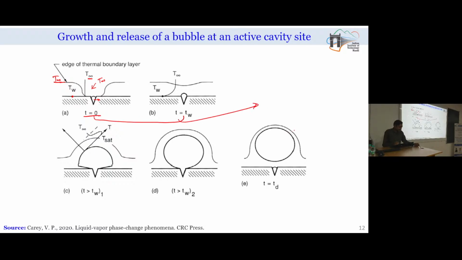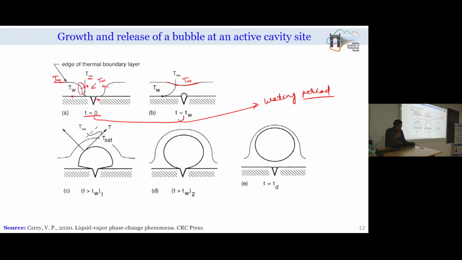The period from the initial growth of the vapor till the time it just comes out of the cavity is called the waiting period or waiting time of the bubble. In the meantime, as the bubble is coming out, this thermal boundary layer will also progress and ultimately they join each other with a small dimple at this particular location.